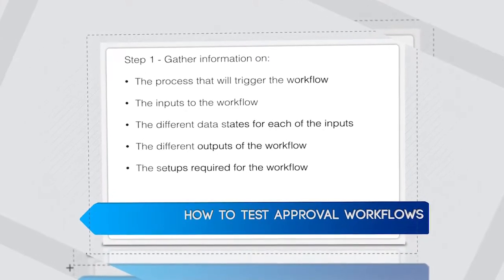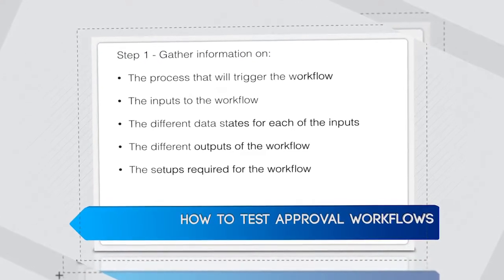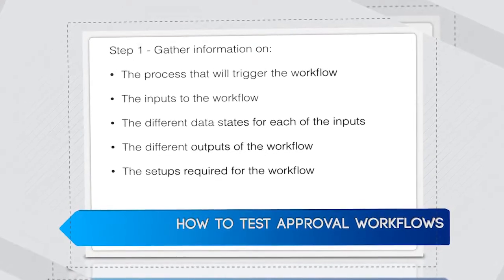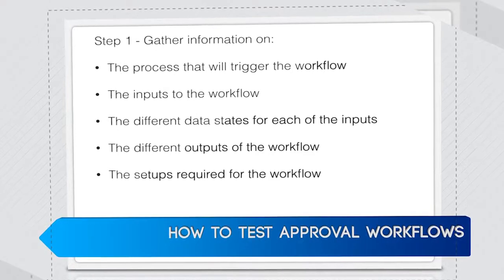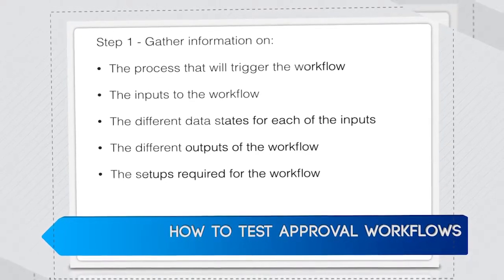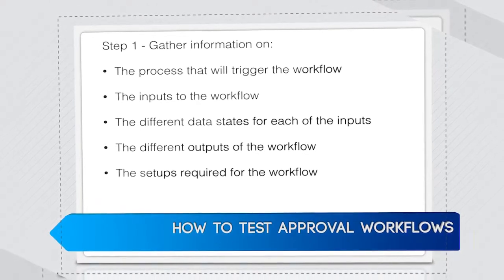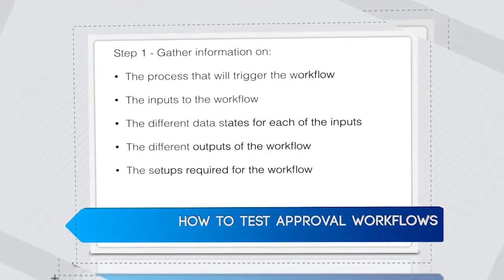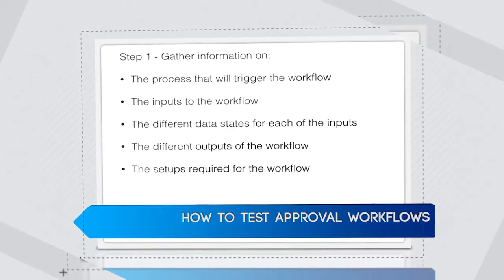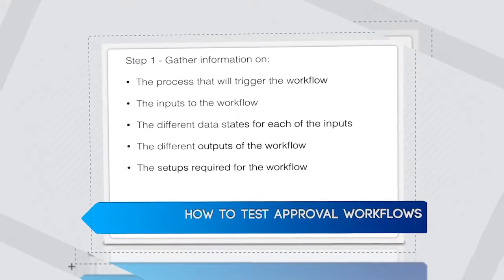And then we need to find the inputs of the workflow, what are the different data states of those inputs, and what are the different outputs of the workflow. And then if there's any setup steps that are required to initiate the workflow or to have it route to the correct person that we want to test it for.